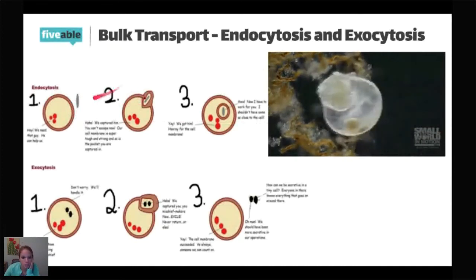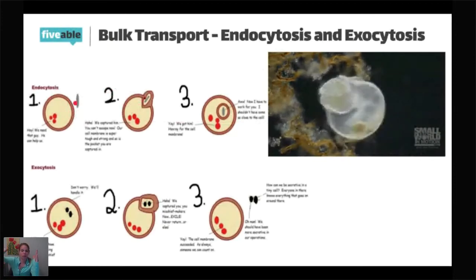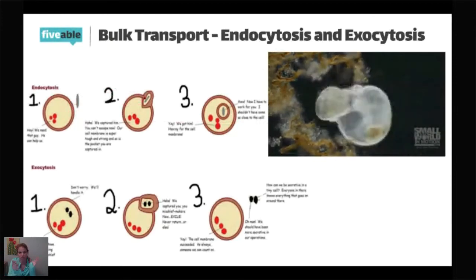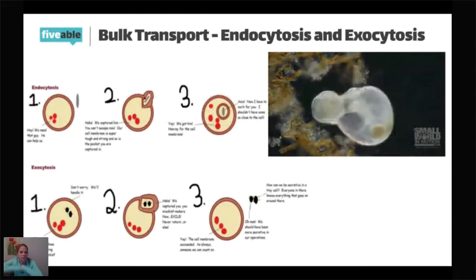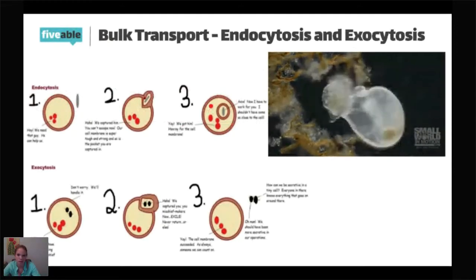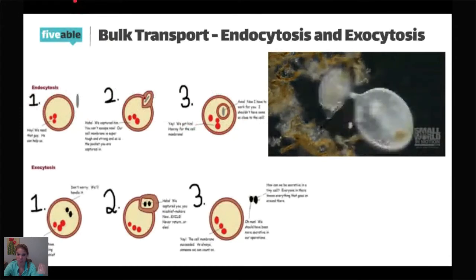What it's going to do is punch into the cell membrane, or the cell is going to chase it and chomp it. And it's going to fold the cell membrane around it into this vesicle. You can see one right here. And then it's going to pinch in and bring that vesicle into the cell. And then it may release it, do with it what it pleases, eat it, digest it. If it's something that may harm the cell, it may digest it to make sure it doesn't harm the cell.